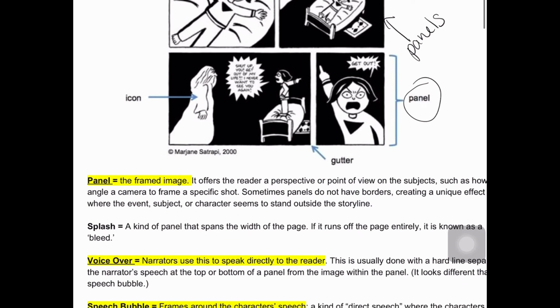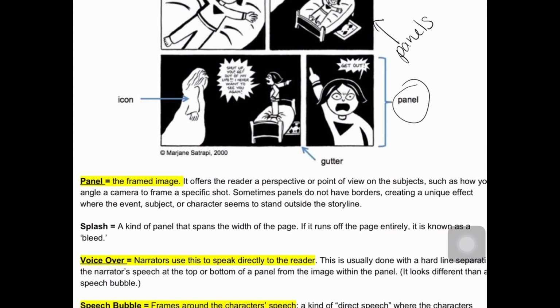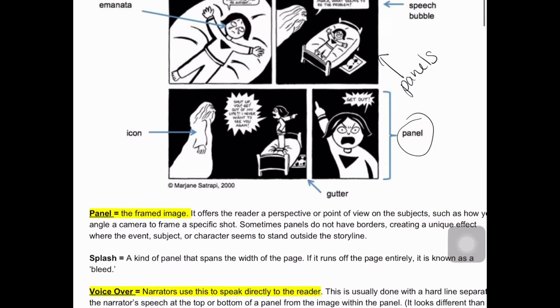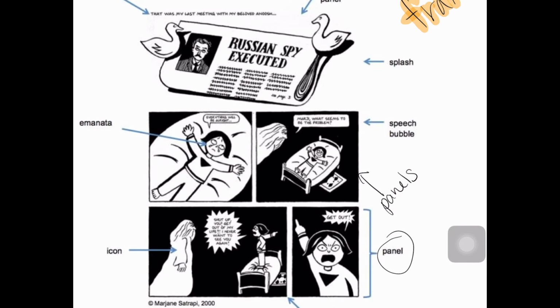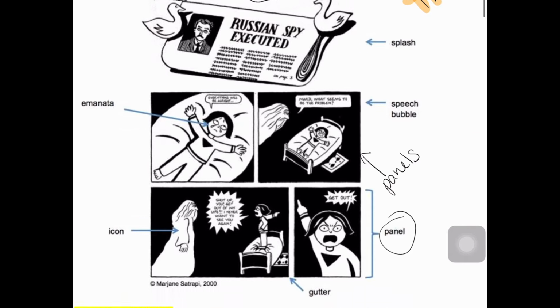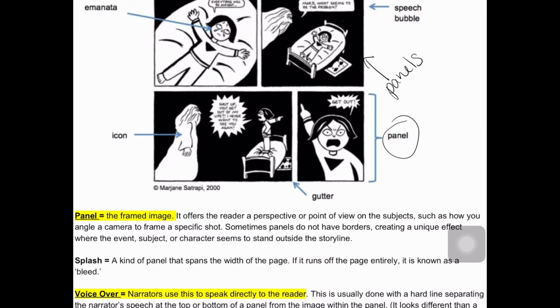And the voiceovers usually appear at the top or the bottom of the panel, not usually in the middle. And you should also note that it's different than a speech bubble. So the voiceover, you can see that it stands alone here, whereas speech bubbles, you can actually tell they go with a specific character, and it represents the dialogue between each of the characters in the individual panels.